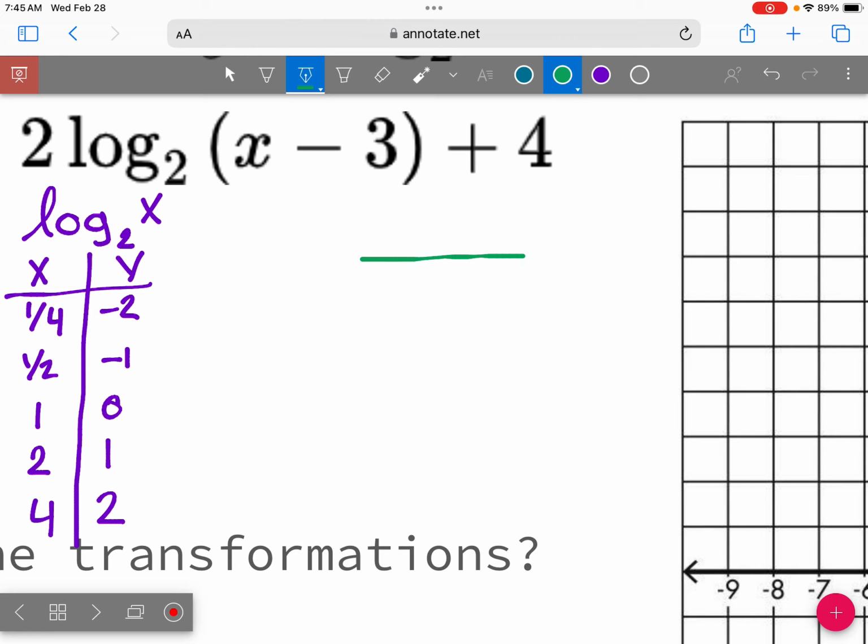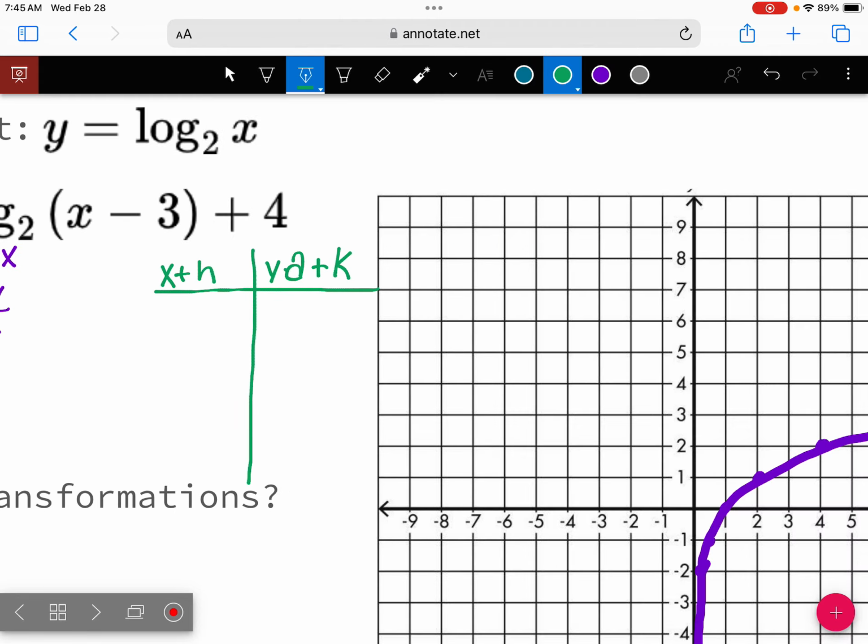So then we're going to need to do our transformations. We're going to do our x plus h and our y times a plus k. That means we need to know our transformation form, and we need to know what our a, h, and k are.